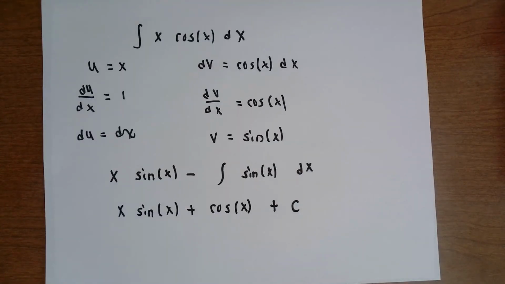Just as before, it's not hard at all to check this answer. I'm going to differentiate my answer and see if I get x times cosine x like I'm supposed to. I'll have to do the product rule here.